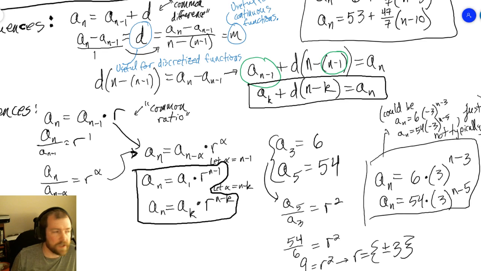All right, so we could use the one with r equals -3. It's just not typical. So you will see it occasionally.